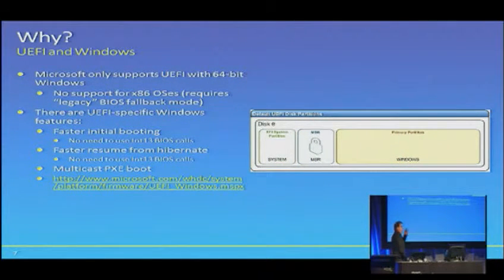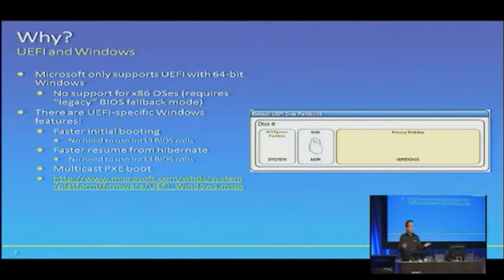There are some things that Windows can do better on an EFI machine. The most noticeable ones are faster initial booting and faster resume from Hibernate. In both of those cases today, Windows has to fall back on the legacy BIOS int13 calls in order to read data from the disk.